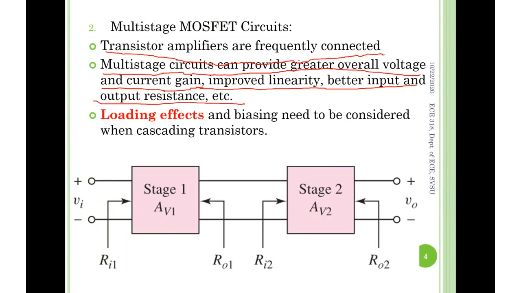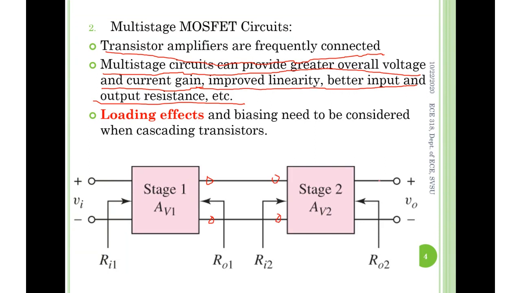How to understand this? First of all, why are we connecting them? For example, just a generic diagram like this. This is a cascade, or series connection, right? The output of the previous stage here is the input of the next stage here.